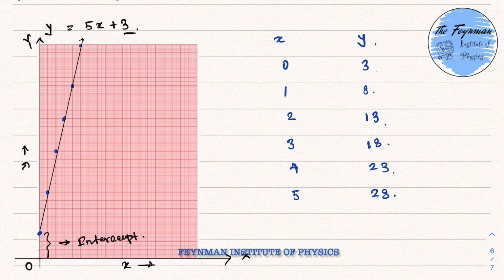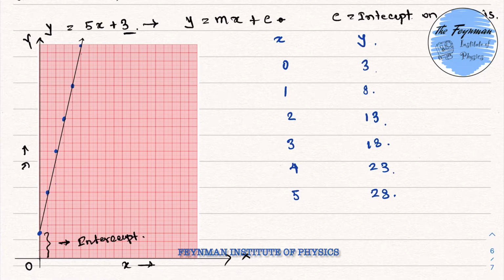This part, 3, or if we generalize this equation like y is equal to mx plus c, so this c is the intercept on the y-axis.